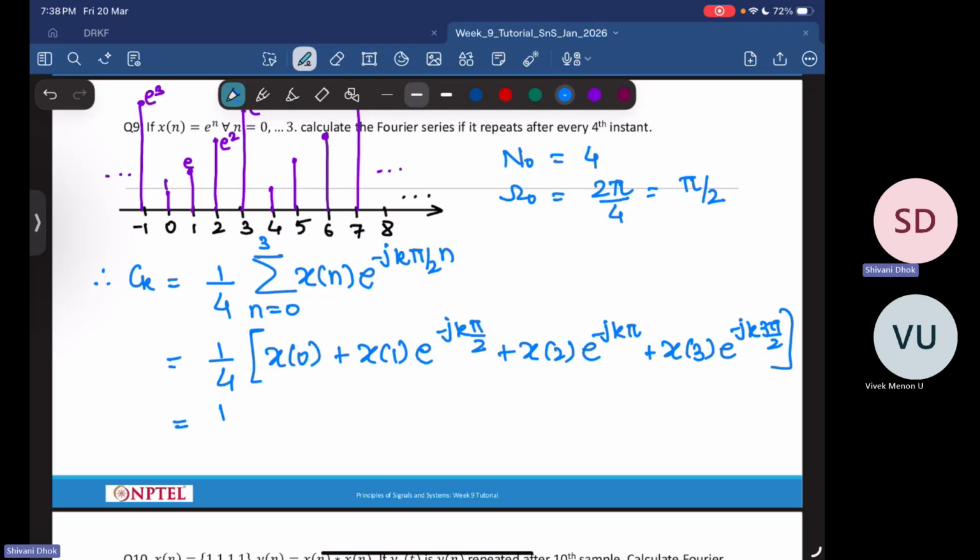So this is equal to 1 by 4 times: x of 0 is 1, x of 1 is e, and this is minus j to the power k, plus we have e square into minus 1 to the power k, plus you have x of 3, that is e cube, and e power minus j k 3 pi by 2.